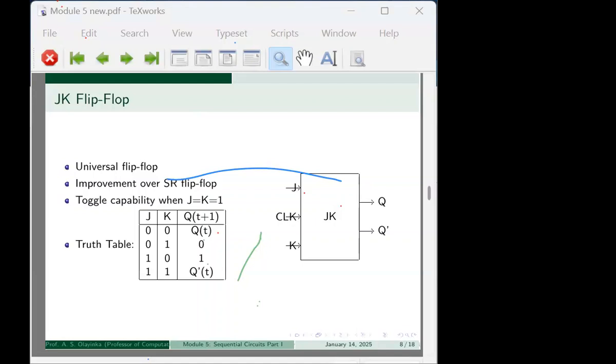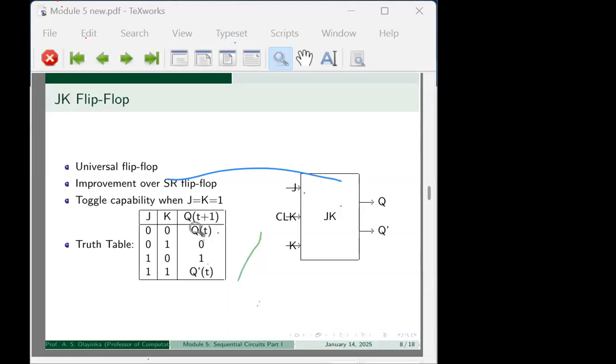Another very important advantage it has is the toggle function. What do I mean by the toggle function? By implication, what you have in this place and in this place is nothing but a toggle. If my previous state here is 1, this one will give me 0.